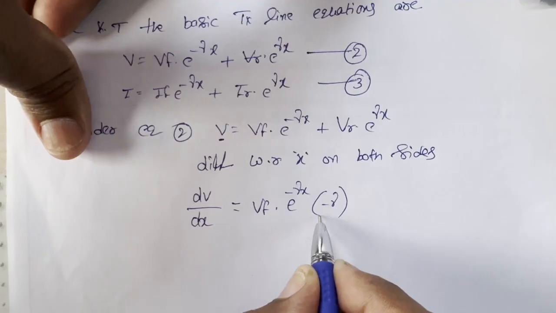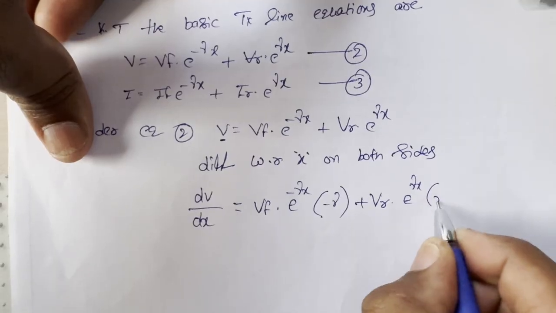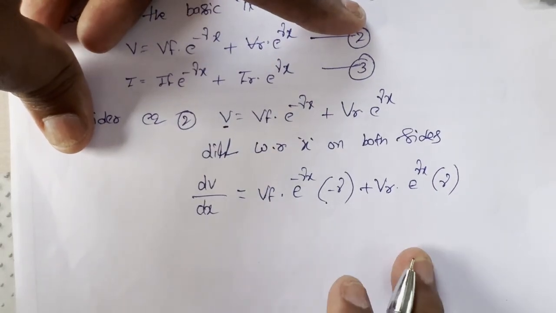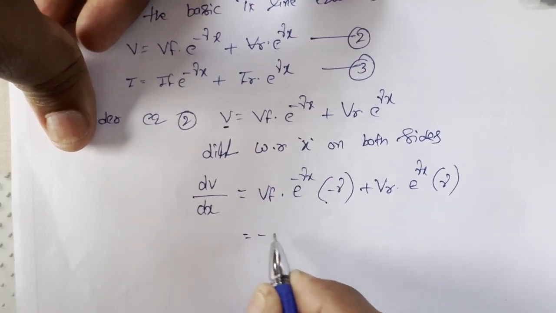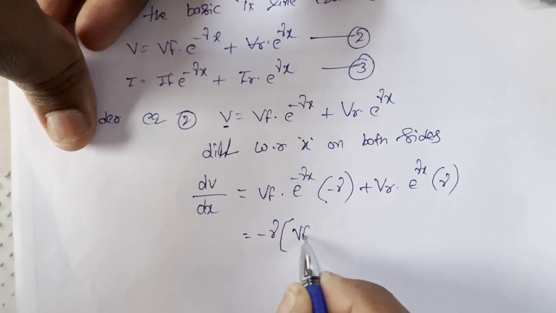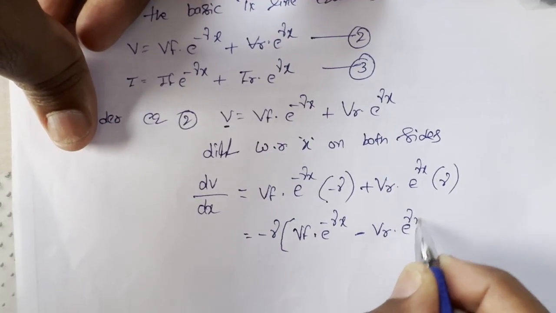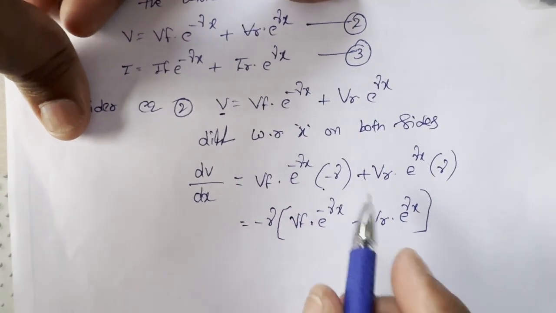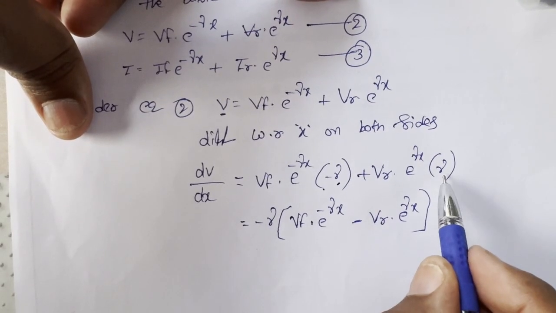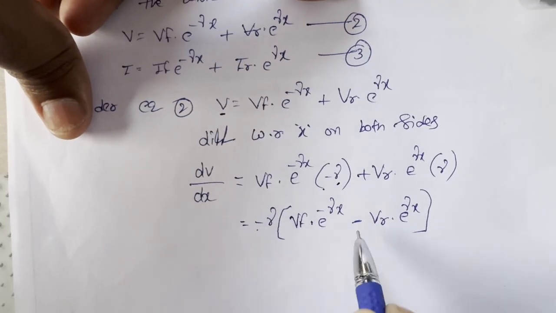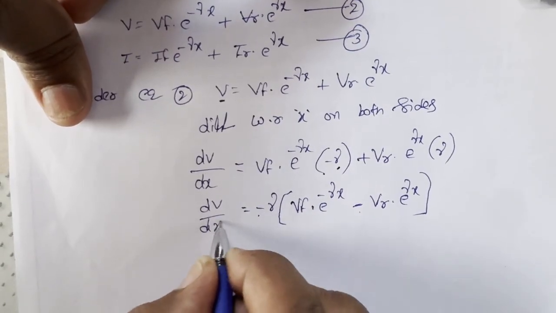So it is minus gamma, plus Vr into e power gamma x into gamma. Now take minus gamma as a common term from these two. That is equal to minus gamma into Vf into e power minus gamma x minus Vr into e power gamma x.